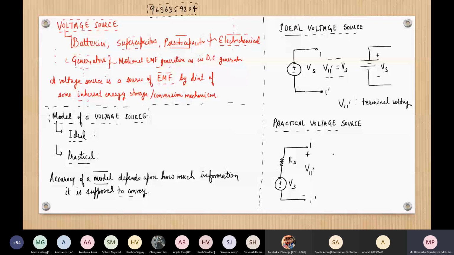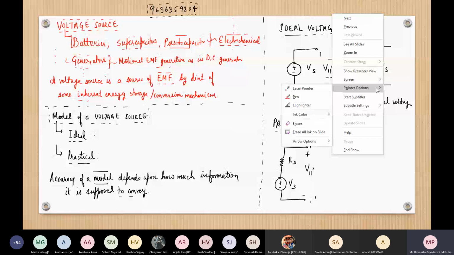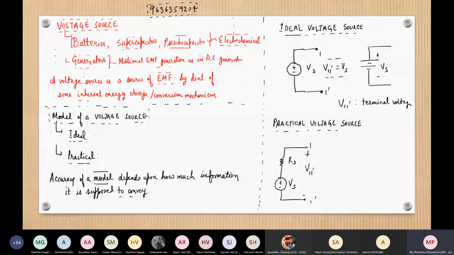To understand that, let us make one addition to our circuit. Imagine that this voltage source is supplying a current I to a load network.